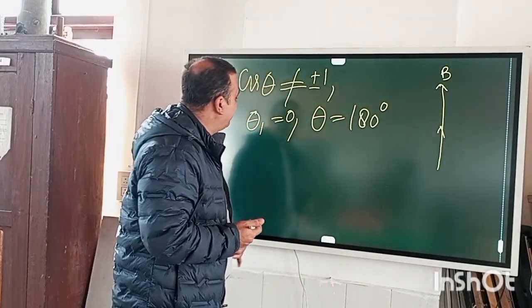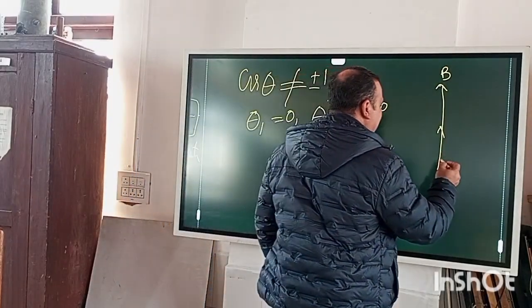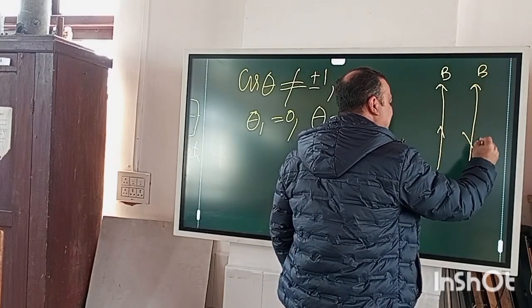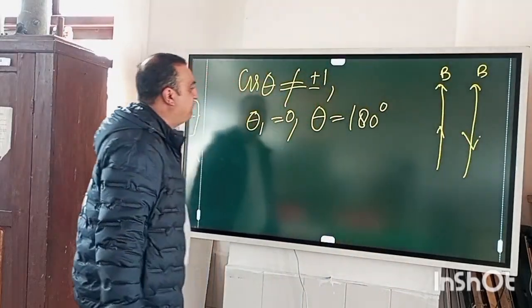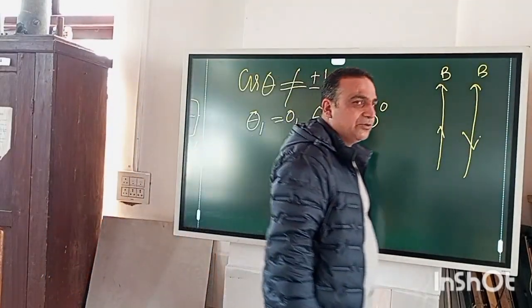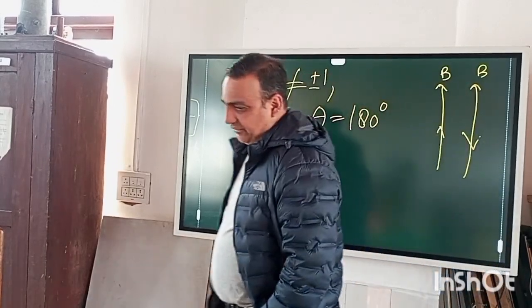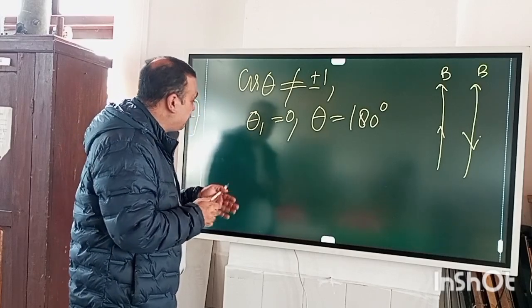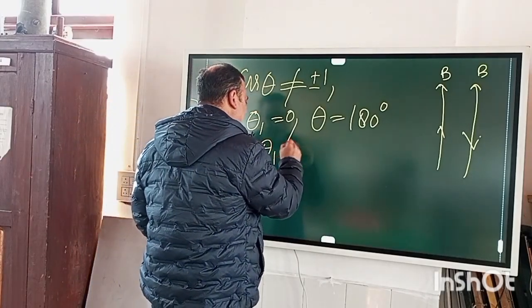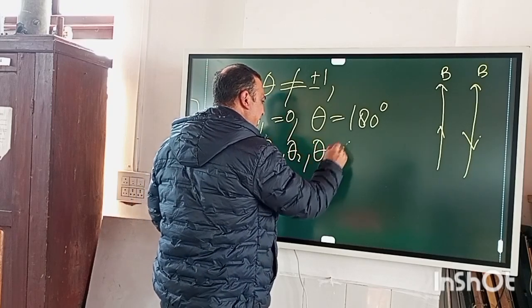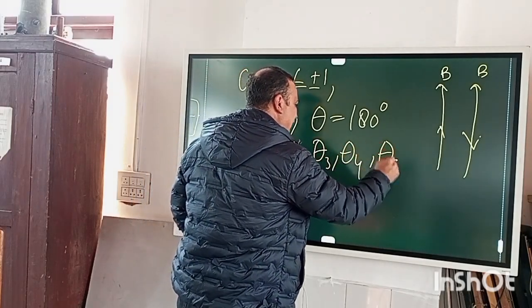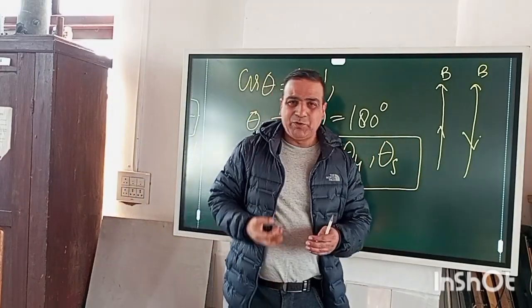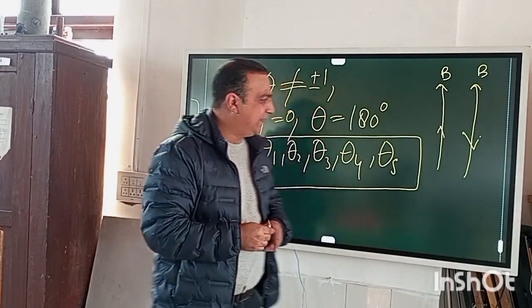Similarly, if your magnetic field is in this direction and your angular momentum is opposite to the direction of the magnetic field, you will again not be in a position to obtain the quantization. So we have some exceptions here. We can have only some set of values. So we'll have theta 1, theta 2, theta 3, theta 4, and theta 5.